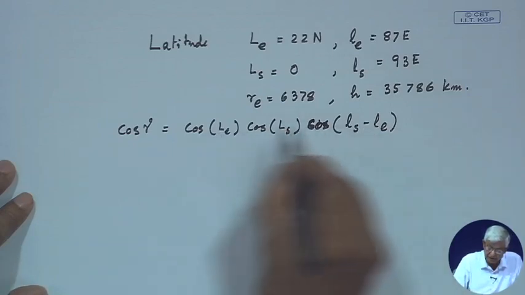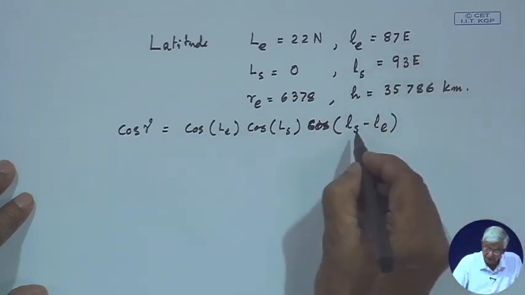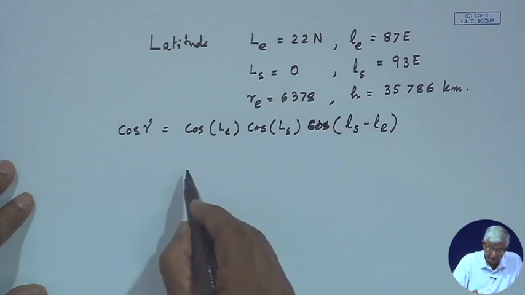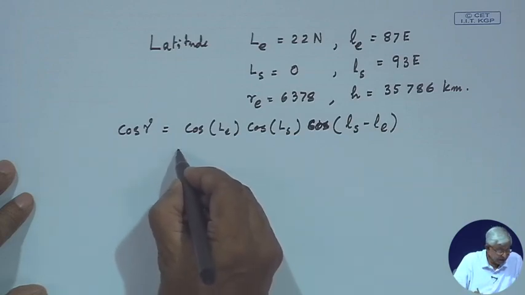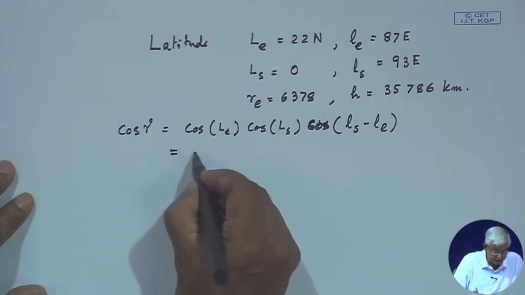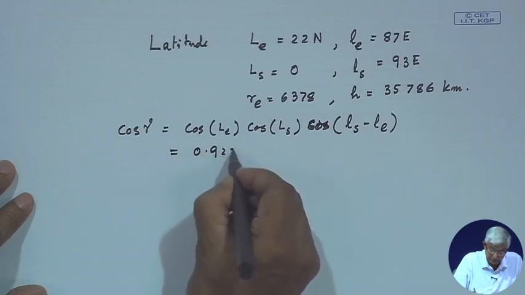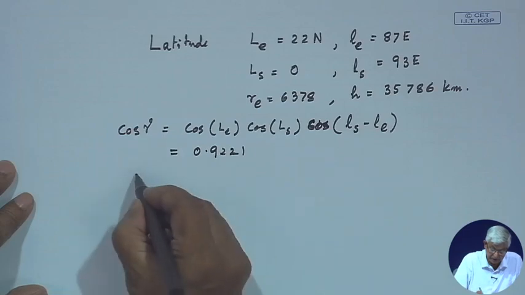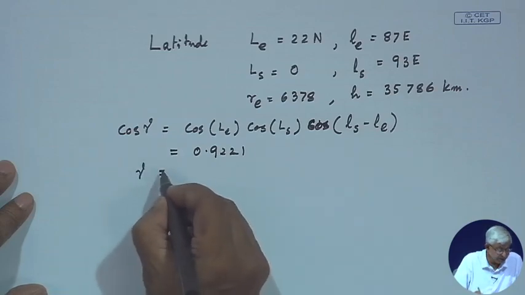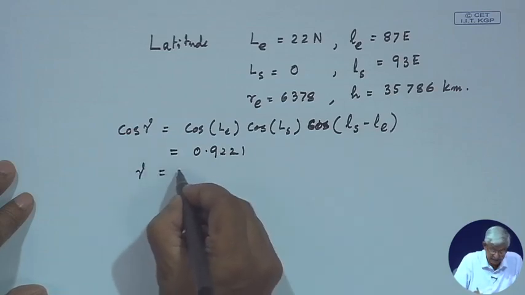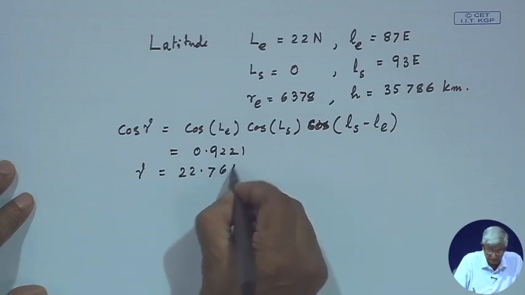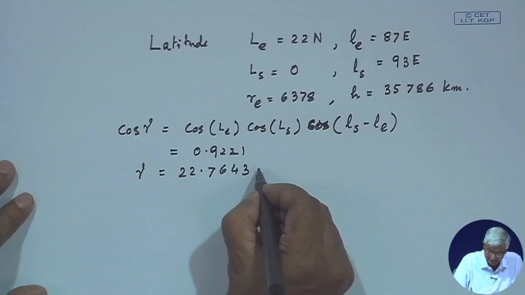So, using this difference of longitude and cosine of the latitude of the station, you can find out cos gamma is equal to 0.9221, something like that, and correspondingly gamma can be found out using cos inverse as 22.7643 degree.